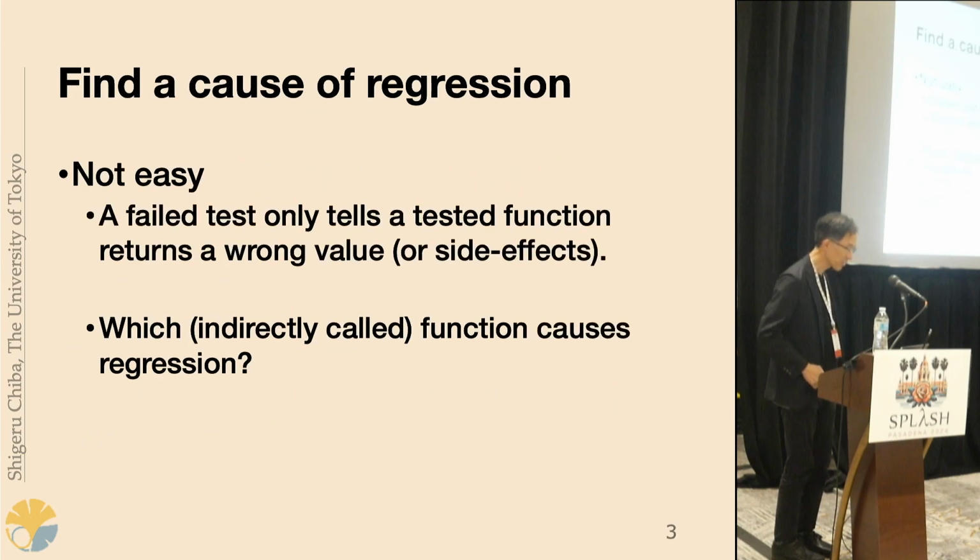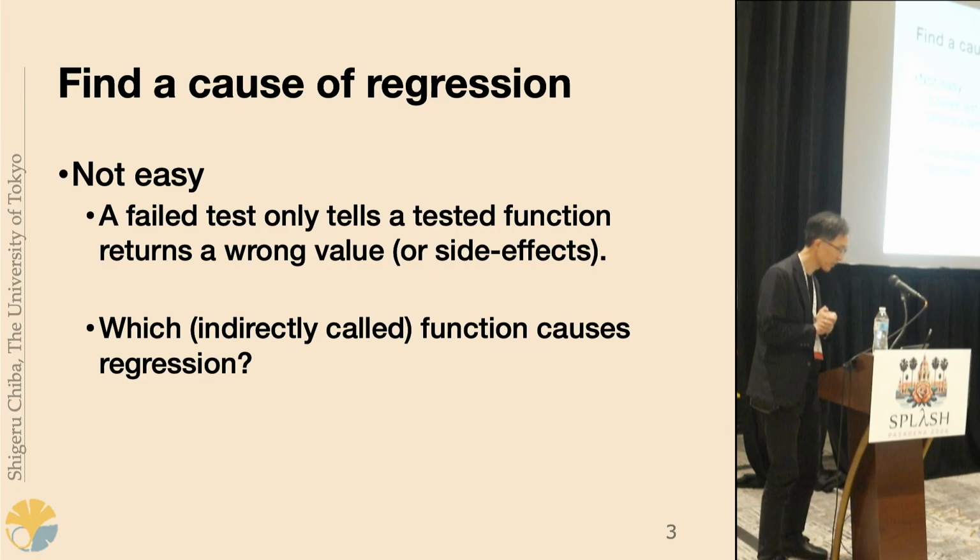But the question is how we find the cause of a regression when we actually find a software regression. I don't think it's easy, because you can run a unit test and find something wrong, but a failed test only tells you that the tested function returns a wrong value or wrong side effects.